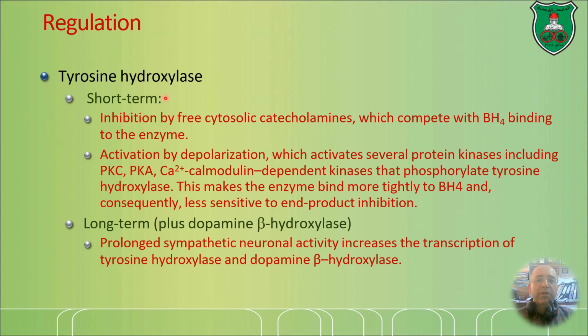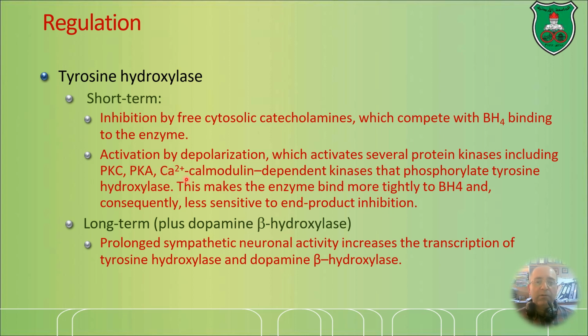Short term regulation happens at the level of enzyme activity. So when we have a high level of cytosolic catecholamines, they will compete with tetrahydrobiopterin binding to the enzyme, so there is inhibition of the enzyme. In addition, there can be activation by depolarization.